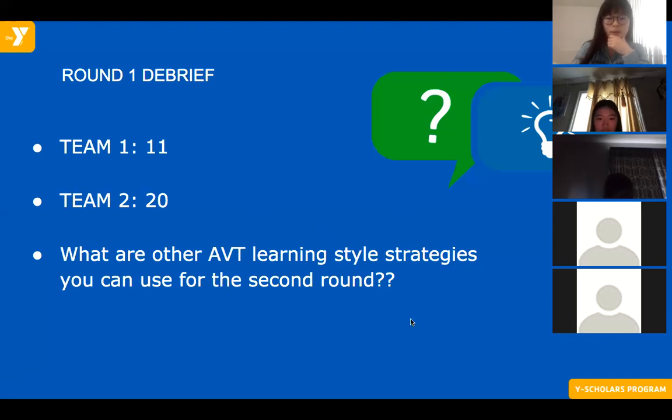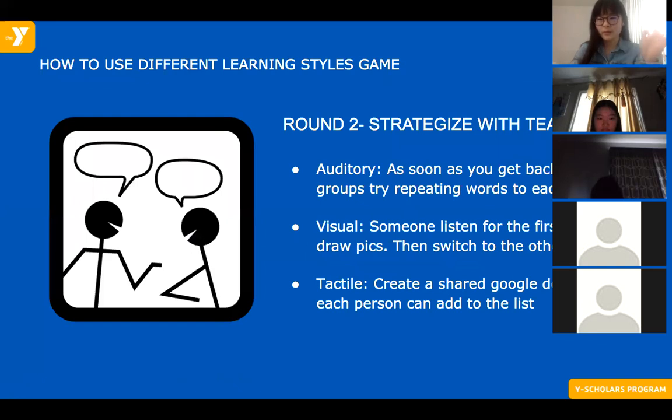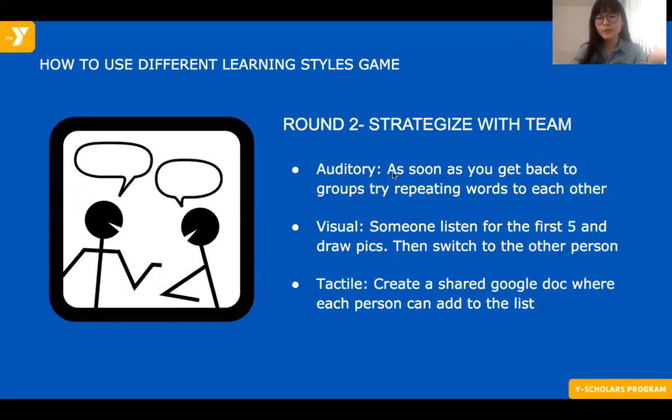So awesome. Okay, for round 2, you are all banned from recording me. You cannot use any device to record my voice. So this time, really think about what strategies you want to use. Auditory, visual, tactile, right? Here are some examples. Maybe for auditory, as soon as you get back to the groups, try repeating the words to each other.